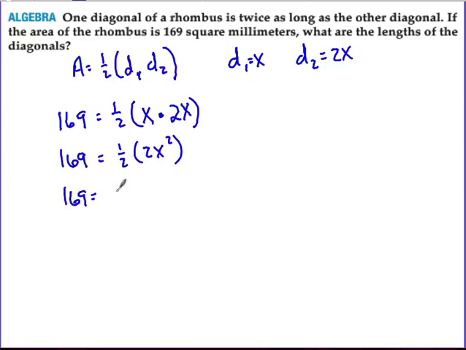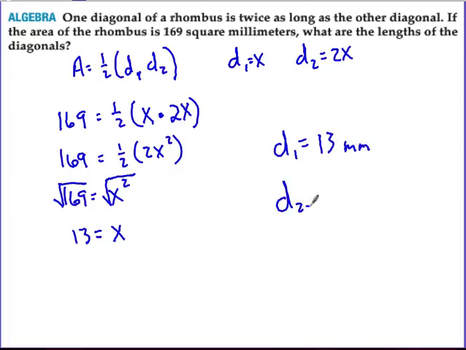And 1/2 times 2x squared is just going to be x squared. So take the square root of both sides, and 13 equals x. So now we know the length of diagonal 1, and diagonal 2 is just twice that, so d1 equals 13 millimeters, and d2 equals 26 millimeters.